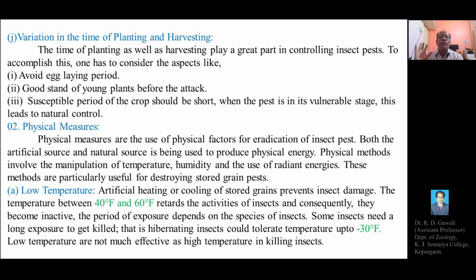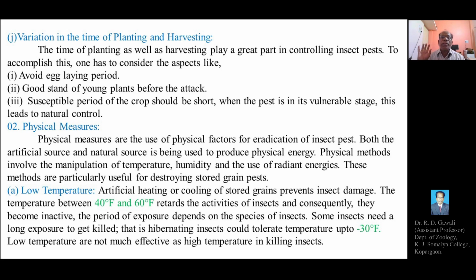To accomplish this, one has to consider aspects like avoiding the egg laying period, a good stand of young plants before the attack, meaning proper growth of the crop plant before the attack of the pest. The susceptible period of the crop should be short when the pest is in its vulnerable stage.